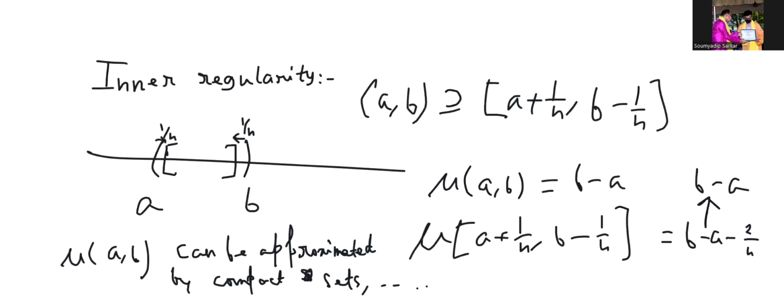So again, you can see that measure and topology, these two things are interacting with each other. So this is the notion of inner regularity. So now you can write these three things in a formal manner.